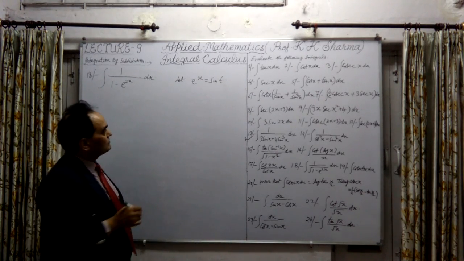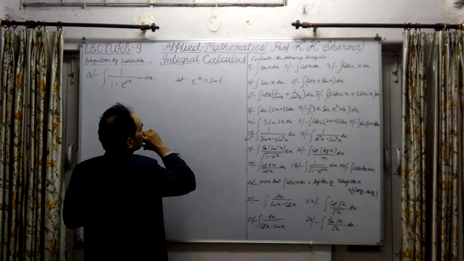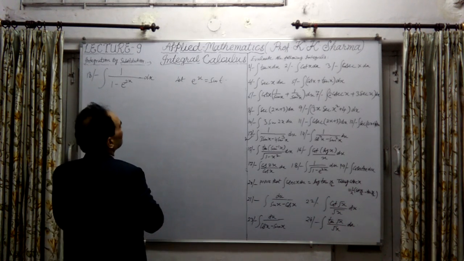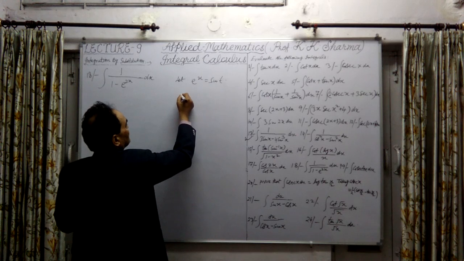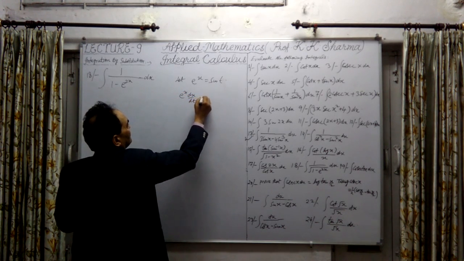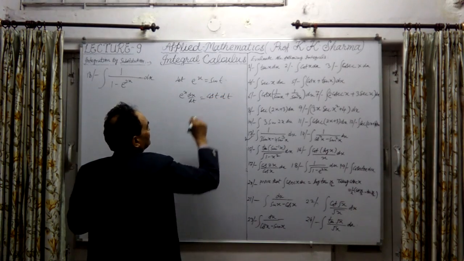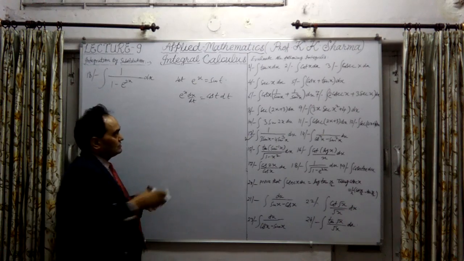So therefore, if I substitute e^x equal to sin t, then e^x into dx upon dt equal to cos t, so dt I have to take to that side.